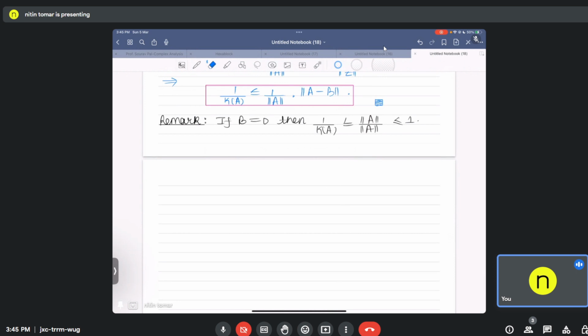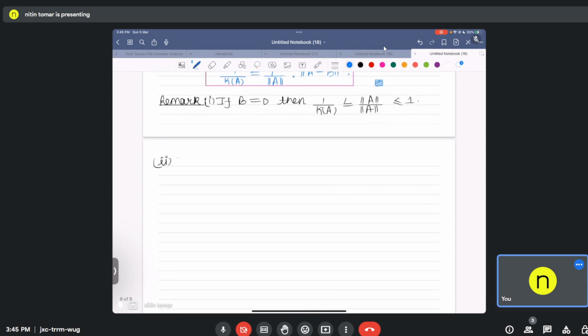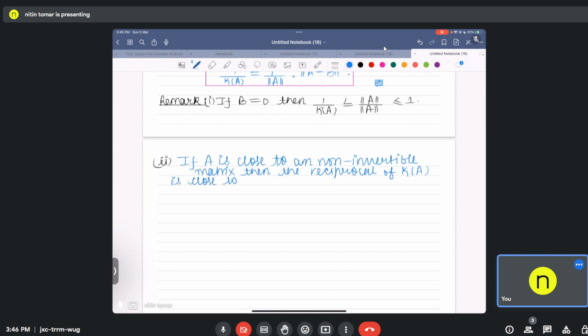What I'm saying, I will write it as one remark. If A is close to a non-invertible matrix, then the reciprocal of kappa A is close to 0, which means that the condition number kappa A is large.